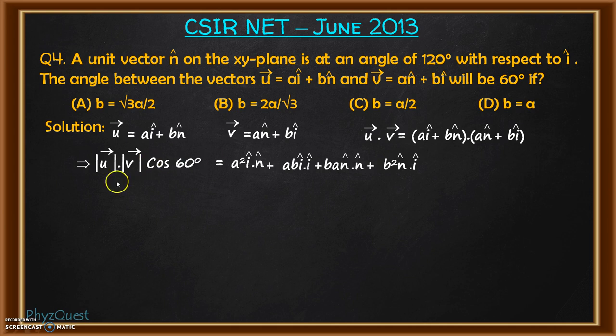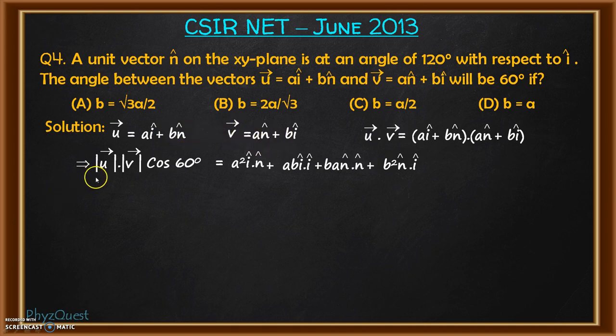Now the magnitude of u and v is the same. If you look carefully, the magnitude of both of them is square root of a square plus b square plus 2ab cos 120 degree. Why 120 degree? Because this is the angle between i cap and n cap. So when we calculate the magnitude, this will be the answer in both cases.